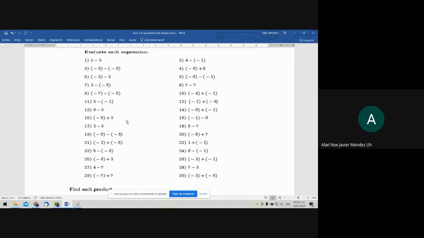We learned today the classification of real numbers. We saw two groups, the rational and the irrational numbers. We saw examples.